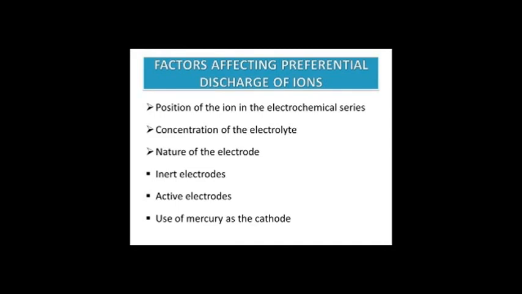At the anode, because the compound is concentrated, instead of hydroxyl ion migrating to the anode to produce oxygen gas, the chloride ion will migrate to the anode, because it is more concentrated. So when the chloride ion migrates to the anode, it leads to electron loss.